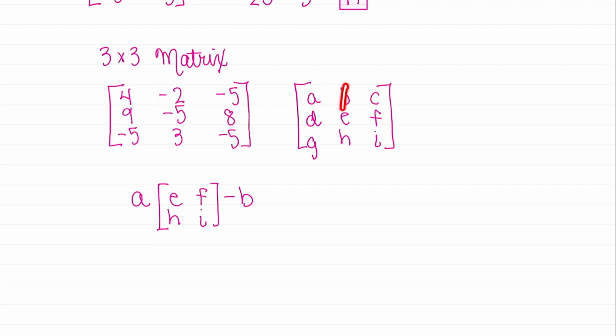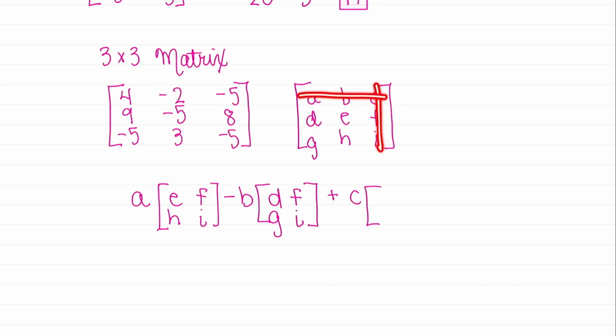So in order to figure out the matrix for B, it's going to be D, G and F, I. Then we have our plus C. And again, we're going to basically cross these out. And these are going to be the 4 elements that are going to be in this matrix that we will find the determinant of.